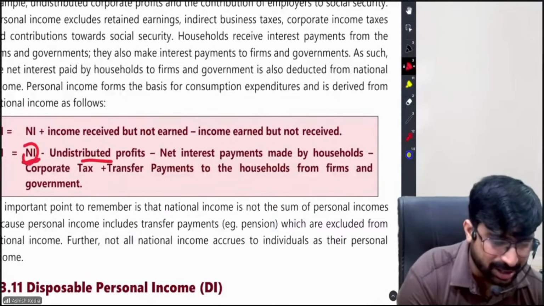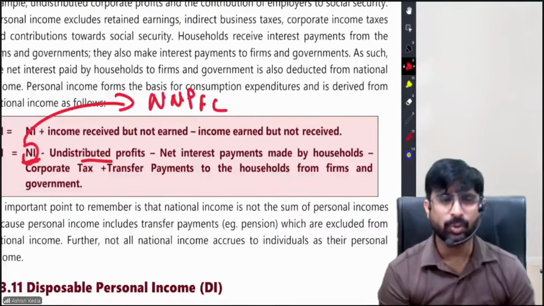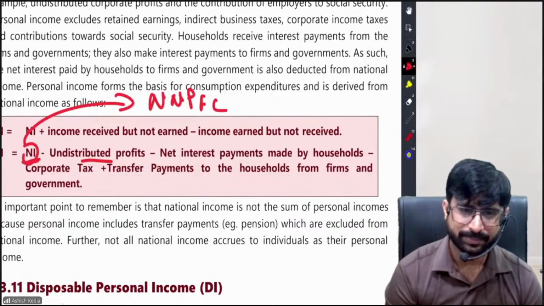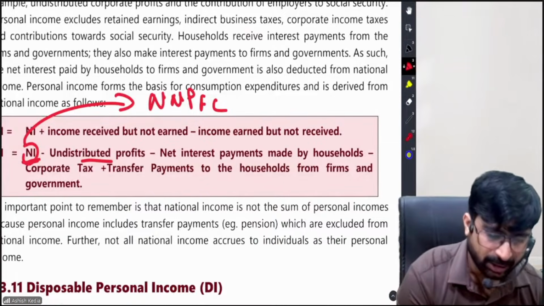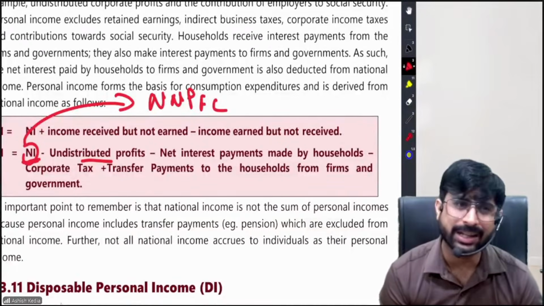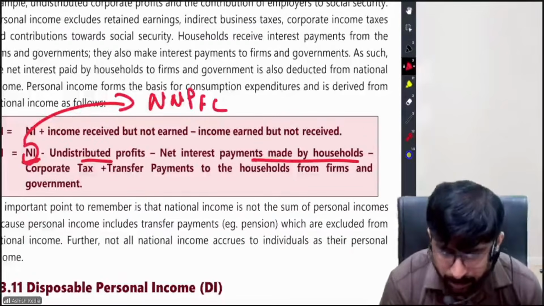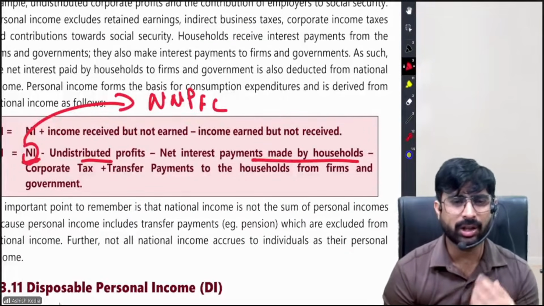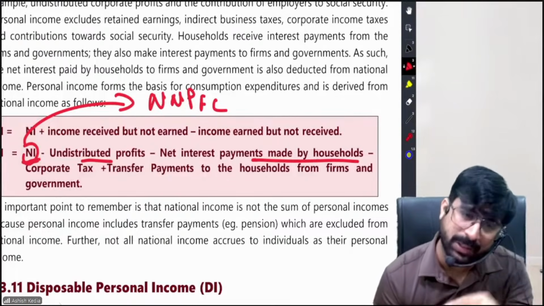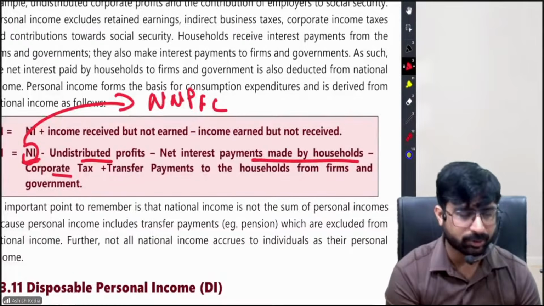So once you arrive at national income, that is your NNP at FC, class, you will deduct undistributed profits. That is reserves. You will deduct net interest payment made by households. You know why? Because if I have to pay interest on some loan, that is not a part of my income. That is to be compulsorily paid by me. I will deduct corporate tax from national income.